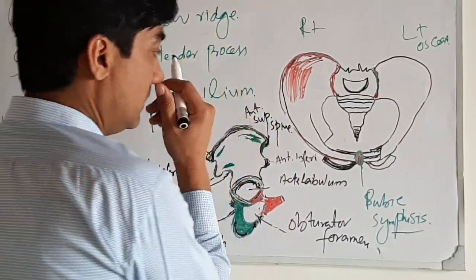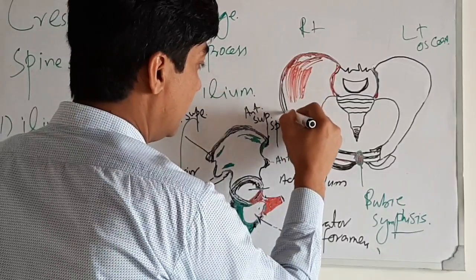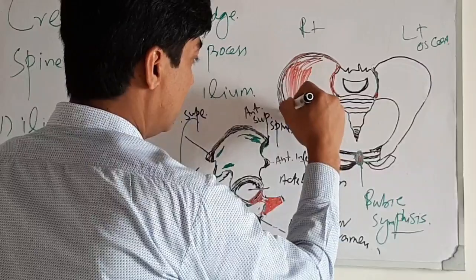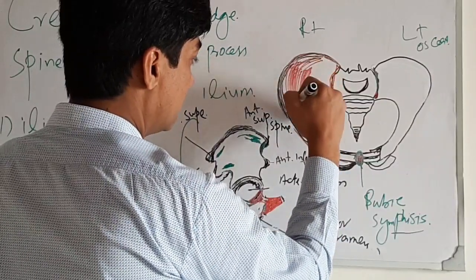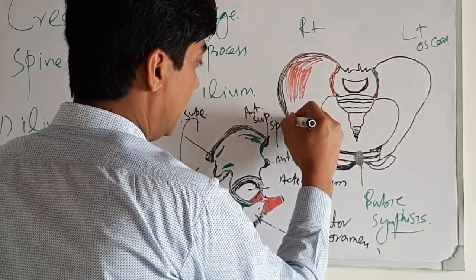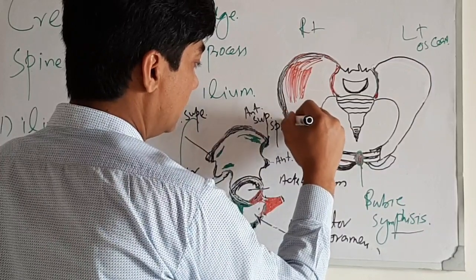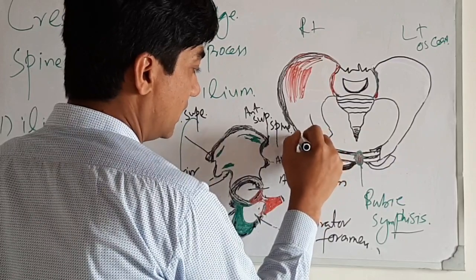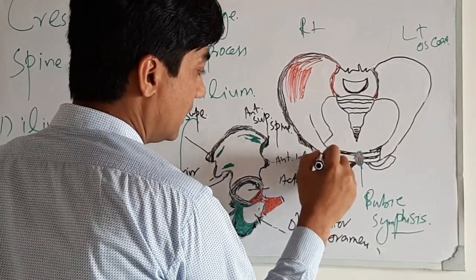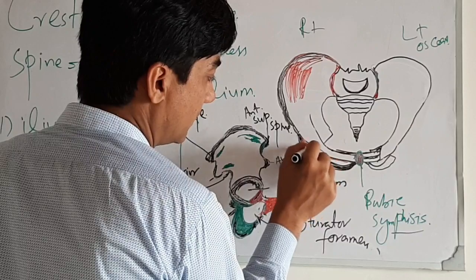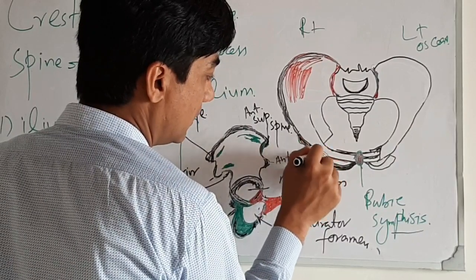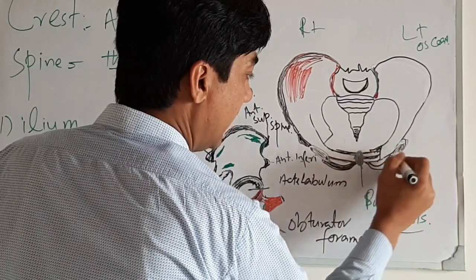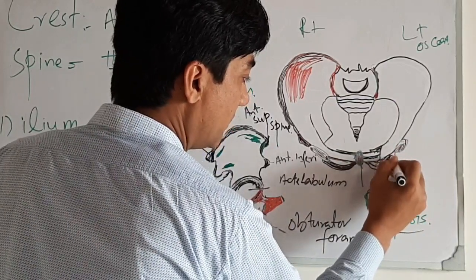When we are talking about the pelvic girdle, here is the iliac crest of the iliac bone, and here are the posterior spine and the inferior spine, and here is the sciatic notch, and here is the acetabulum cavity on both sides bilaterally, and here is the obturator foramen.